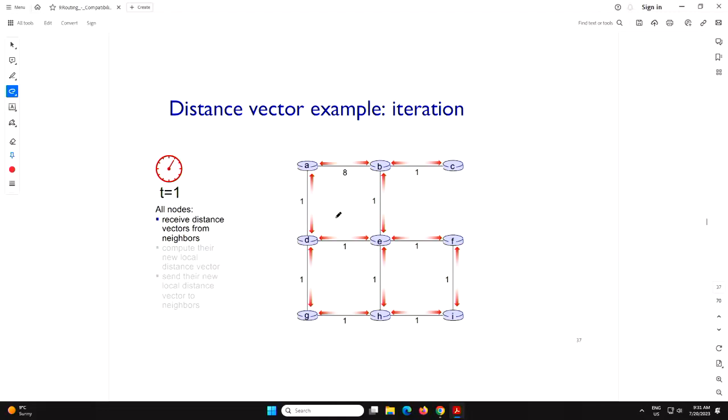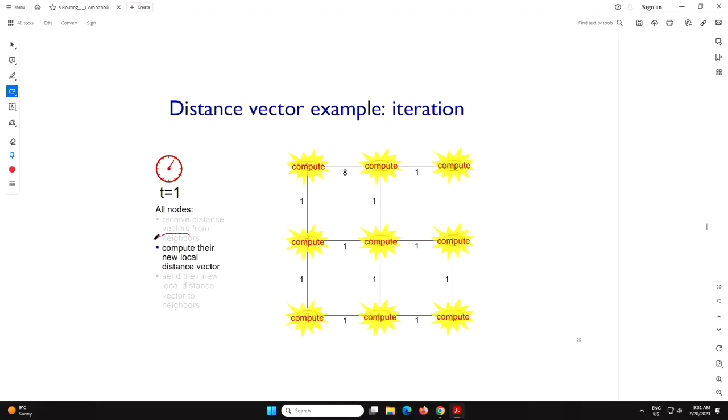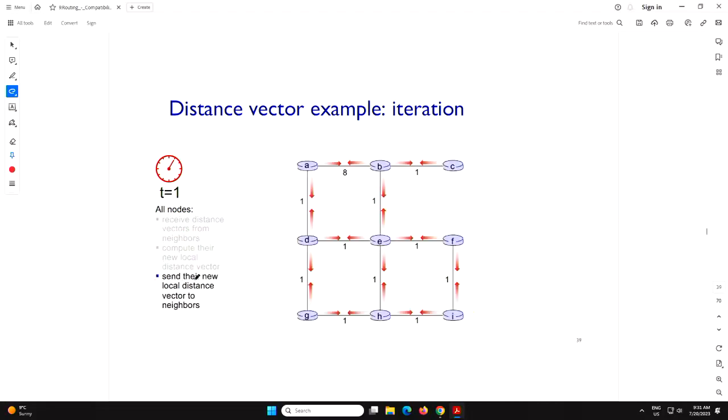And when you receive, then you have to compute. And when you compute, things might also change. And then you again exchange. Remember, you periodically exchange. So when you exchange, you receive, and then you compute, then it changes, then you exchange again. So this process just goes on, like every 30 seconds or so, you have to keep doing it, right?